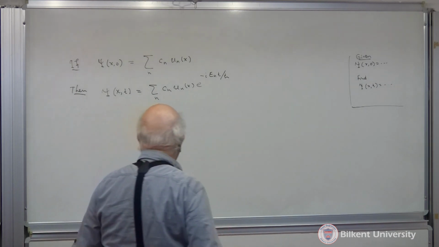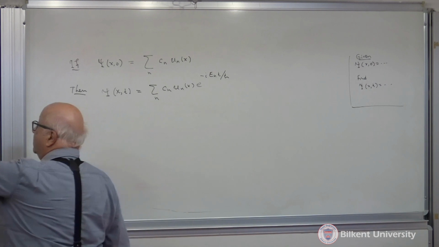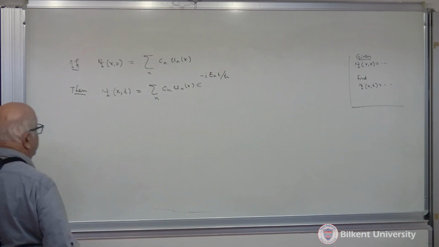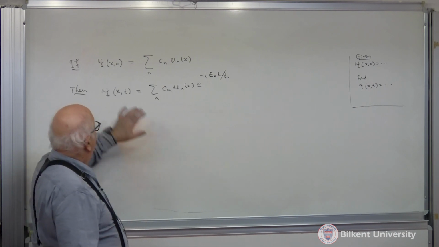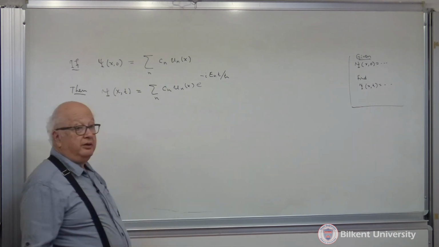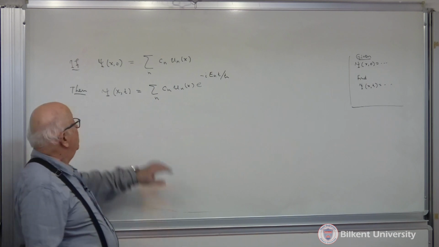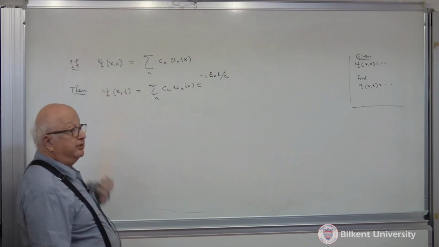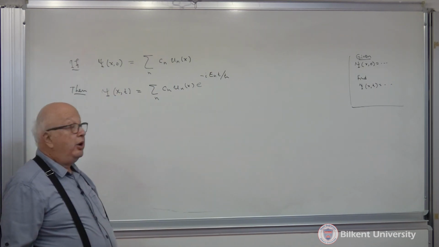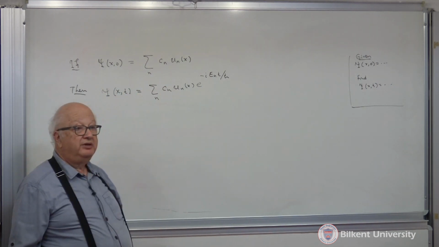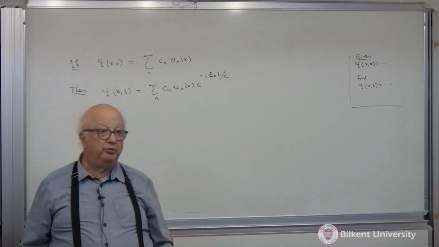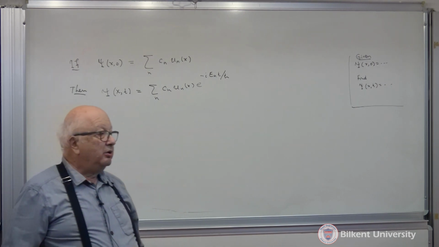The first thing you have to do is to solve the time-independent Schrödinger equation and obtain all the ENs and UNs. Once you obtain these UNs and you are given an initial condition, you can then find these expansion coefficients, CNs. That's what I expect you to do in your homework, right?